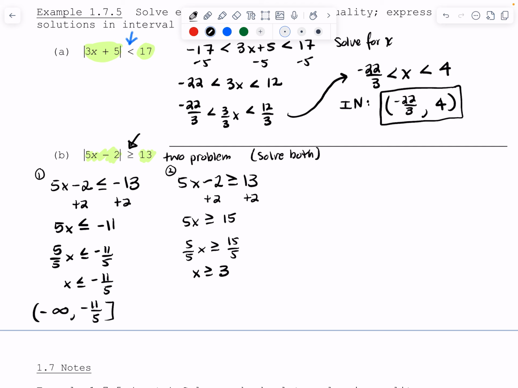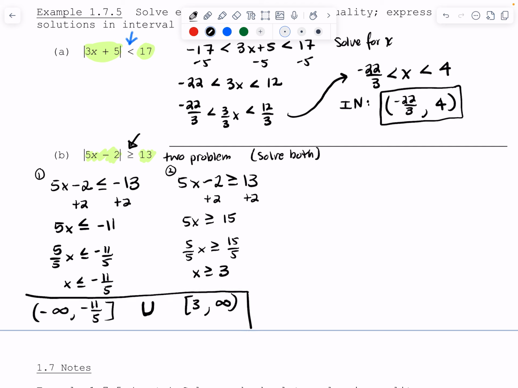If I write that one up in interval notation, 3 is the smallest value and the largest value is infinity. So negative infinity to negative 11/5, including that value, union 3, which is included, to positive infinity is my answer.